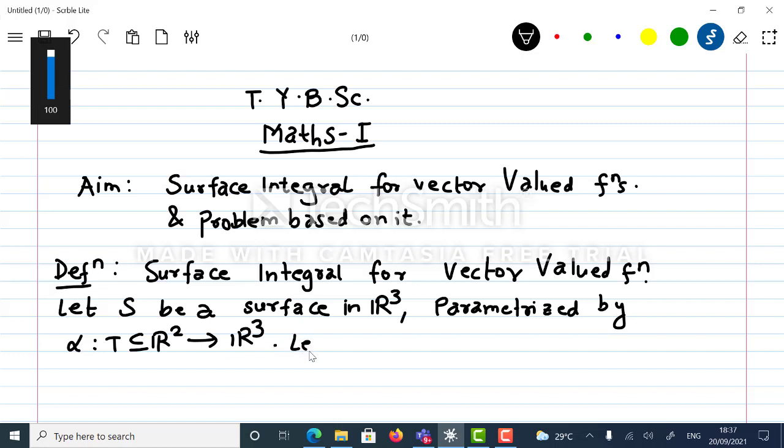Let f be a function from R3 to R3, a continuous vector valued function.